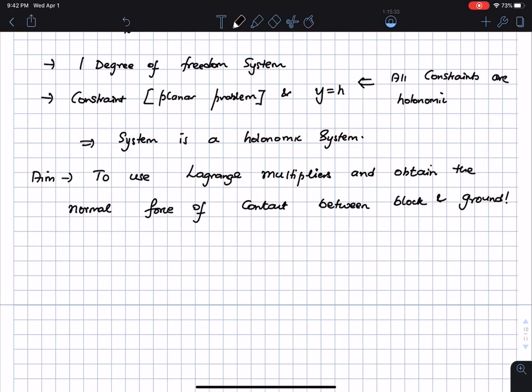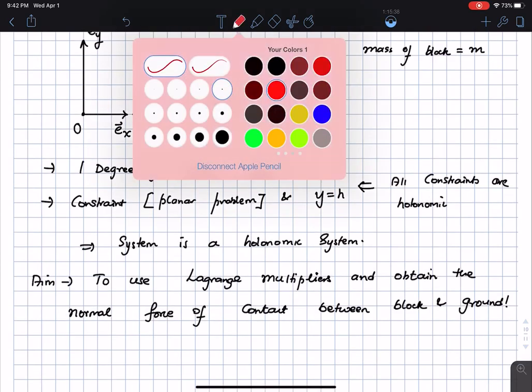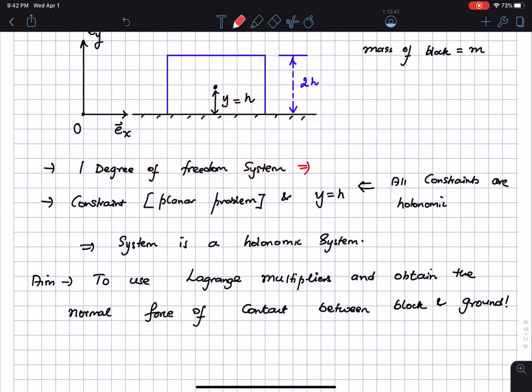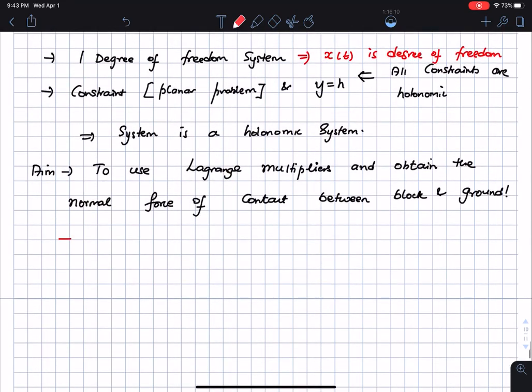So the basic thing is there is only one degree of freedom here. The degree of freedom I'm going to say is the variable x. That's the generalized coordinate, so x of t is the degree of freedom, starting from the center of the block, going this way.